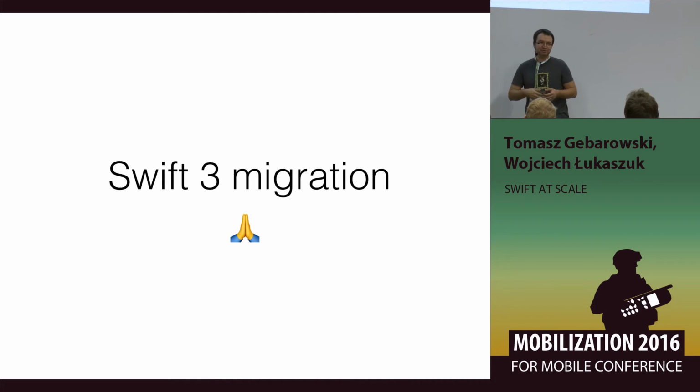But anyway, we would love to work with Swift 3 now, but this process is not that straightforward. I think that's true for most of you, but in the case of large projects, it's even harder. And having in mind that you have lots of developers, it's even more complex.